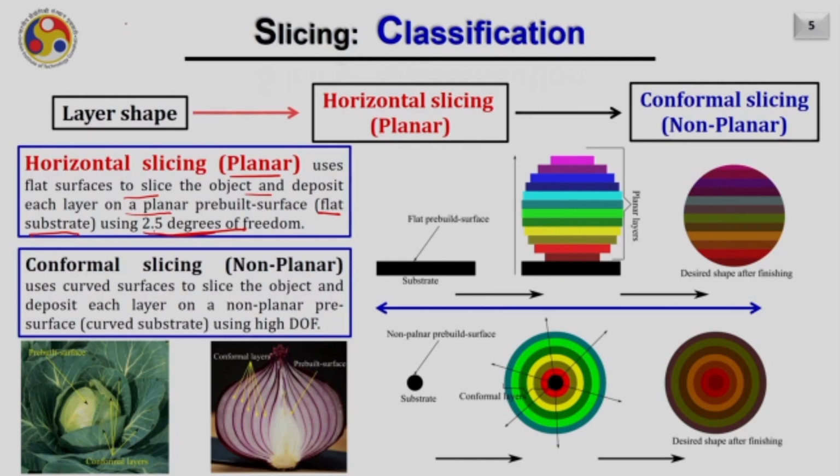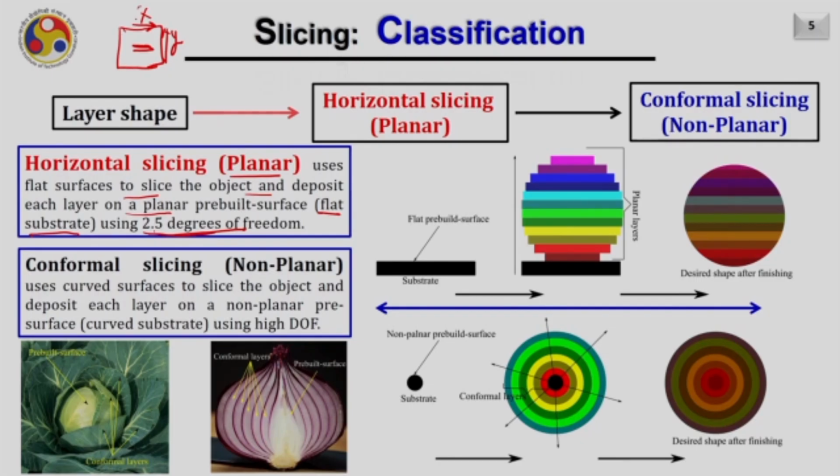It is because when we are depositing, for example, in this plane, the end effector or the deposition gun will move back and forth, hence 2 degrees of freedom required here, maybe in x direction and y direction. And then after completion of this particular layer, this head will move up by a certain amount and then it will deposit on that particular z level.